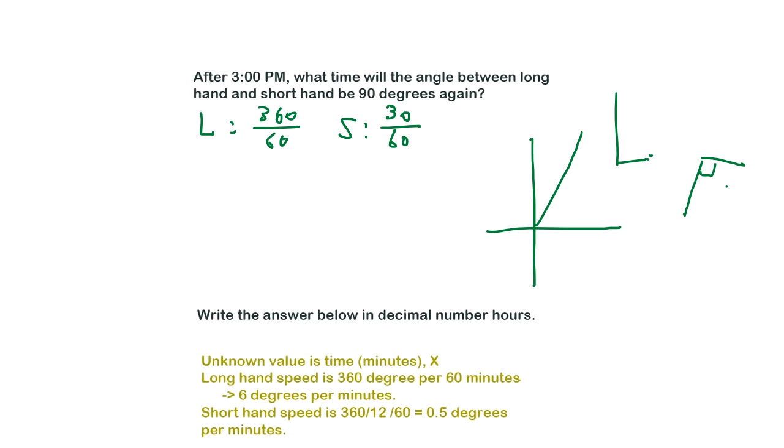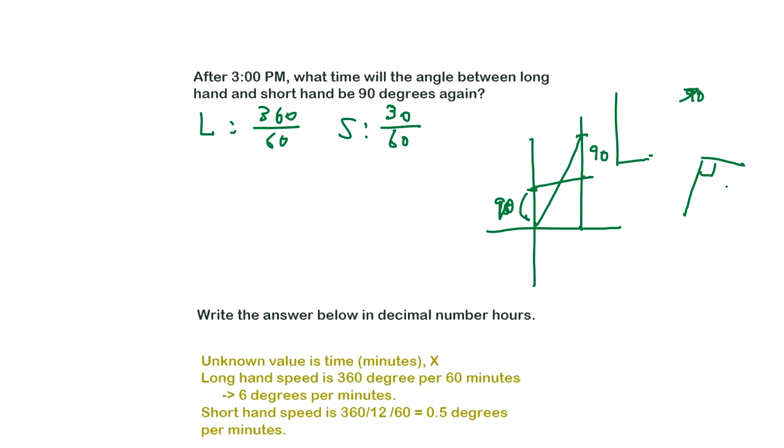And the short hand is already 90 degree, which is 15 minutes, 90 degree ahead and moving slow. And it's asking when this difference becomes 90 degree again.